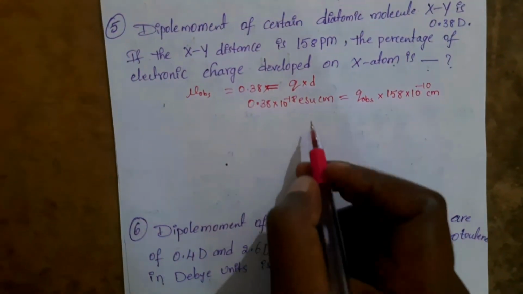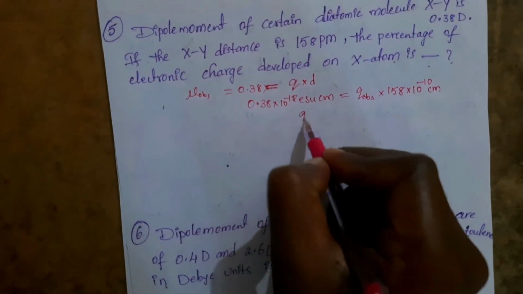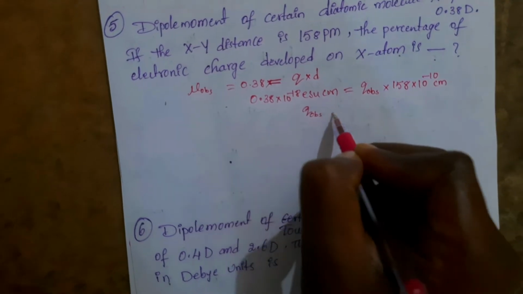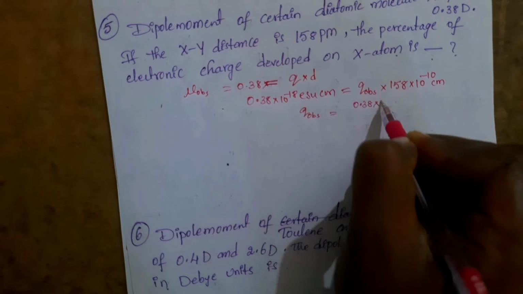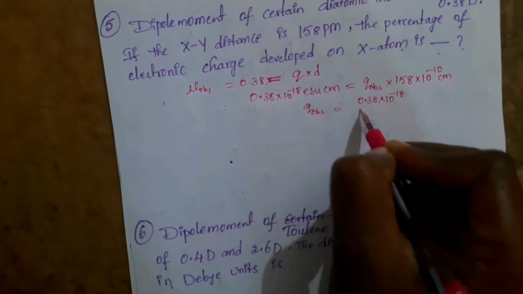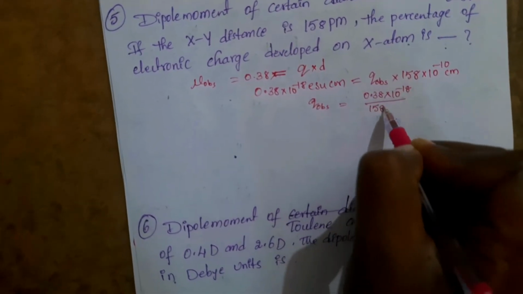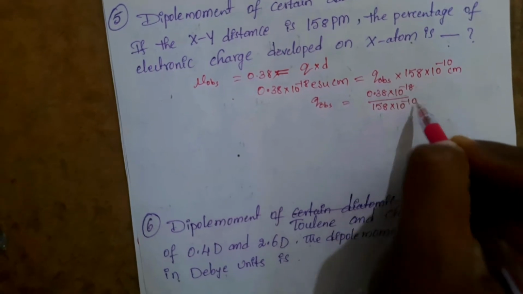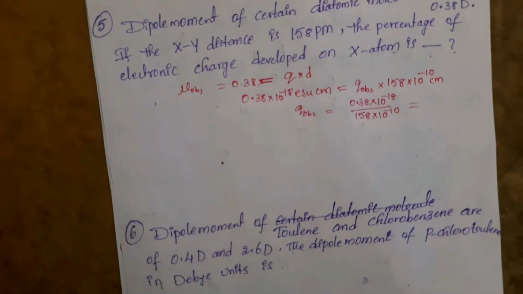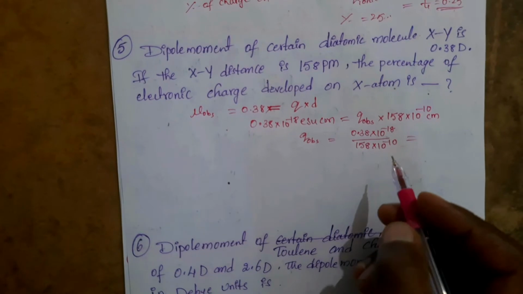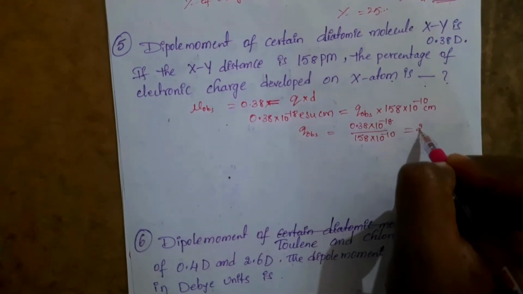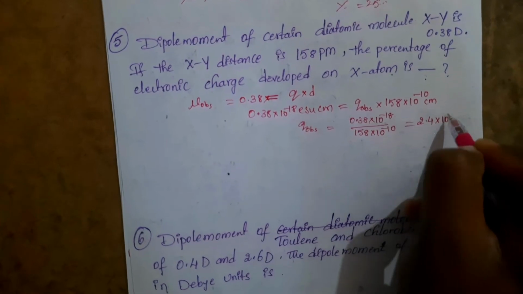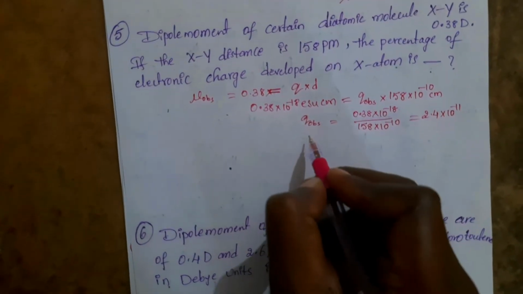Now you see in this case, the observed charge will be 0.38 into 10 power minus 18 by 158 into 10 power minus 10. You do this calculation, and you will get 2.4 into 10 power minus 11. So that is the observed charge.